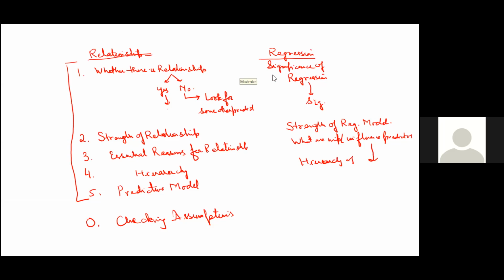Hierarchy means, suppose you have identified that related to health, number 1, exercise is having some impact. Number 2, proteins are having some impact. Number 3, some particular vitamin is having some impact.